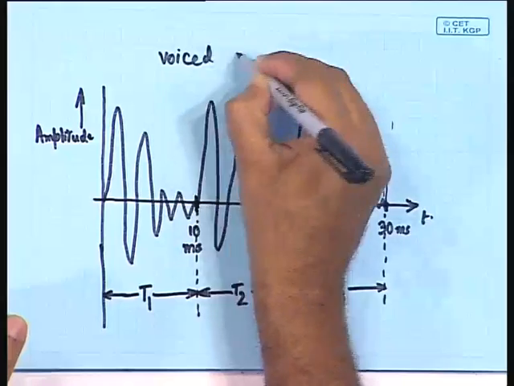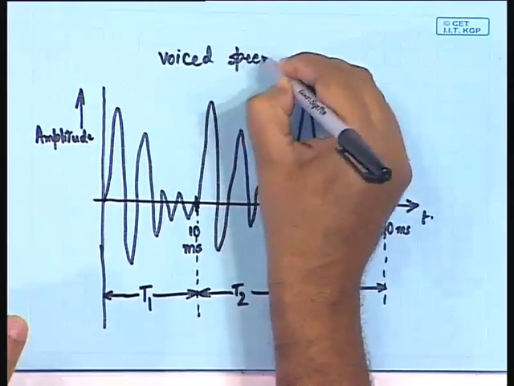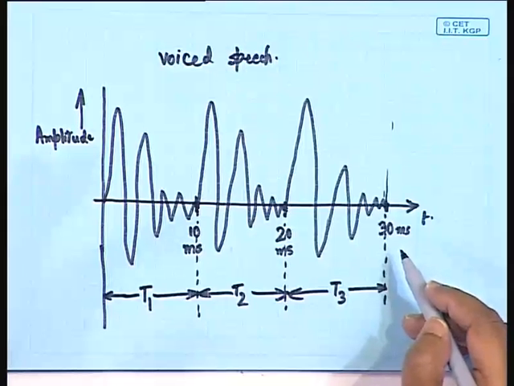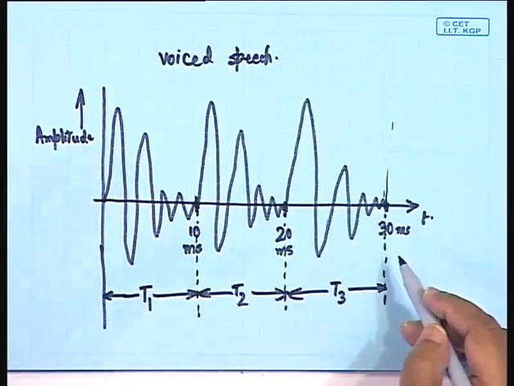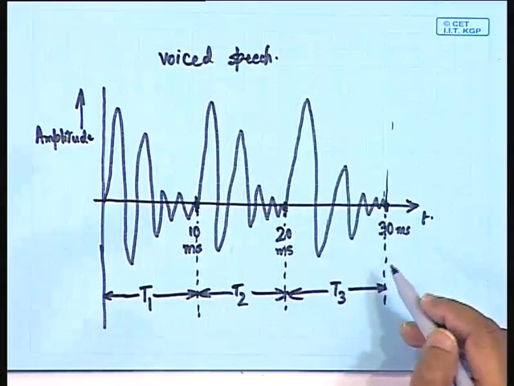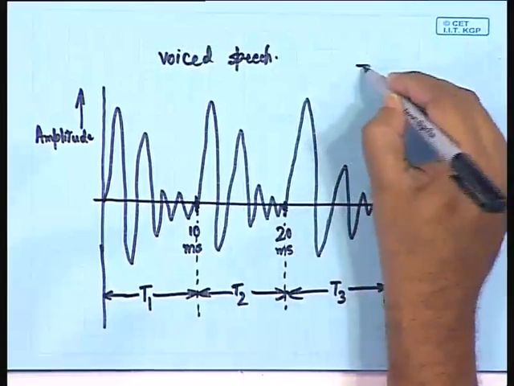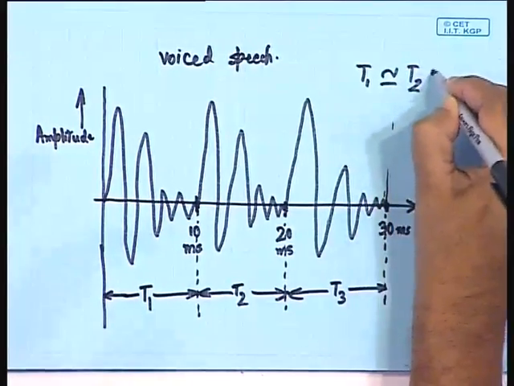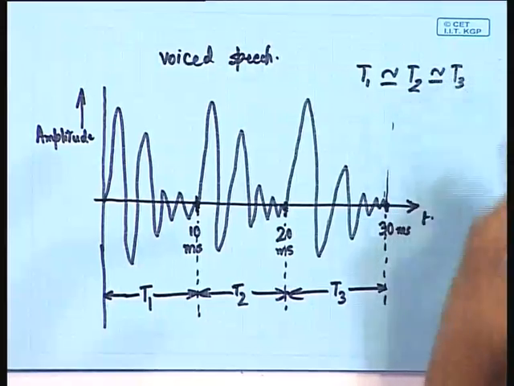This is a typical voiced speech that we are showing for 30 milliseconds, and within 30 milliseconds we are assuming a kind of quasi periodicity, because then reasonably T1 is approximately equal to T2, and that is also approximately equal to T3.